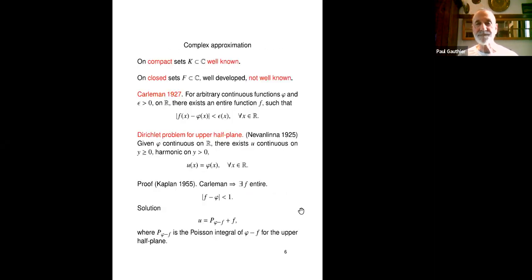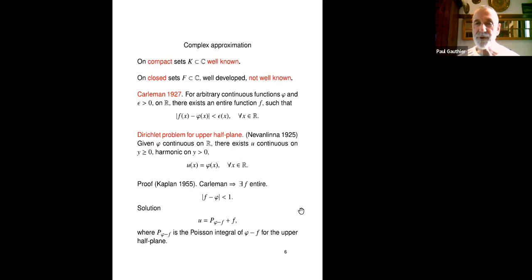Complex approximation on compact sets is well known, but on closed sets, it's also well developed, but not so well known. The following theorem of Carleman, proved in 1927, is a very beautiful theorem that should be better known.